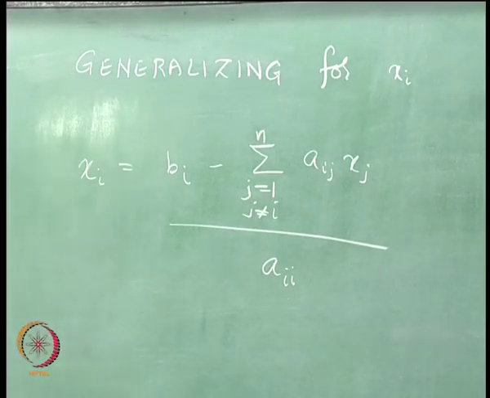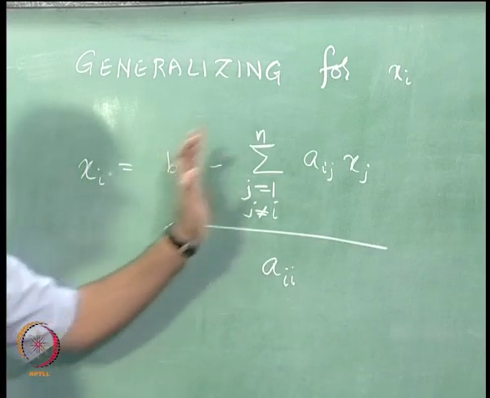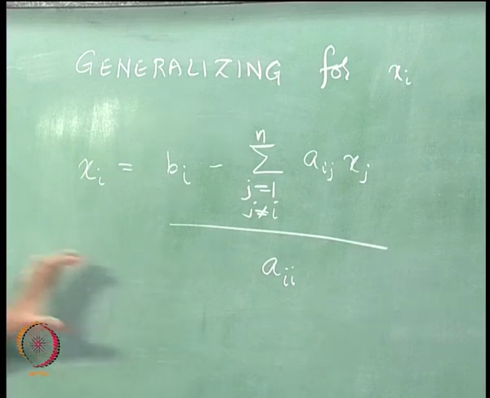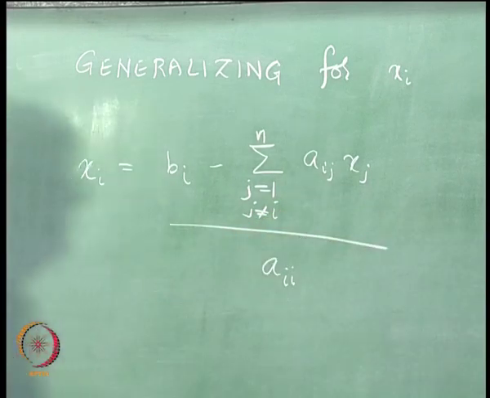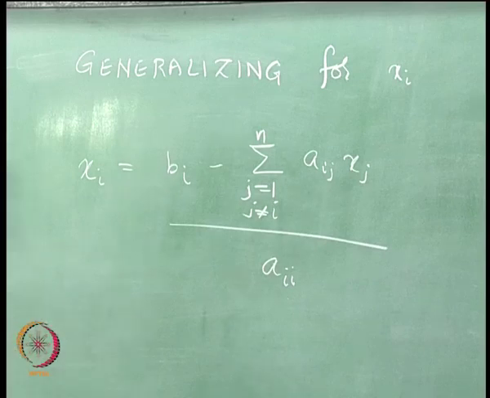This is just the diagonal term of the ith equation. This is the right hand side of the ith equation, and to the left hand side we have taken all the non diagonal terms in the ith equation. Then we will go ahead and solve this equation in order to get x1, x2, x3 up to xn, and we will keep repeating this until we get the desired convergence.